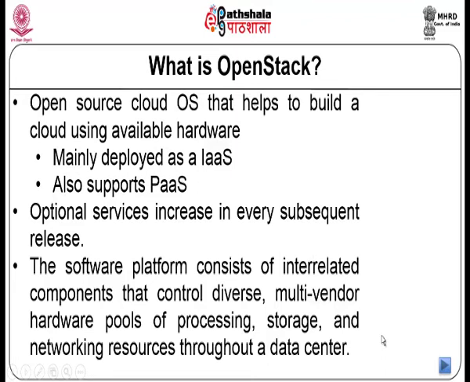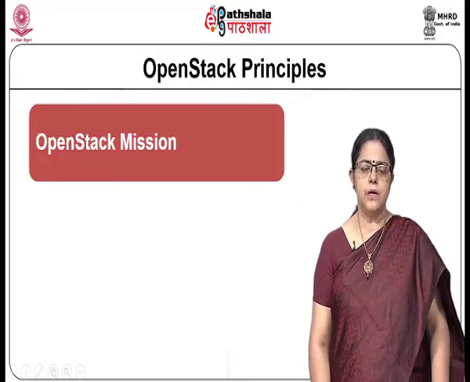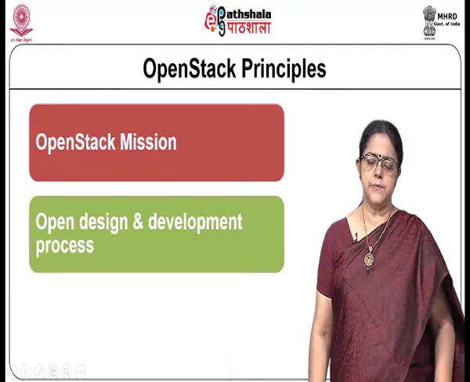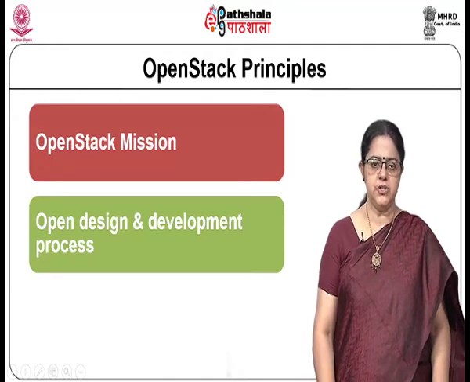The hardware pool, which will be a multi-vendor hardware pool containing processing units, storage, and the networking components which will connect the processing units and the storages, will be taken up by OpenStack and converted to a data center.